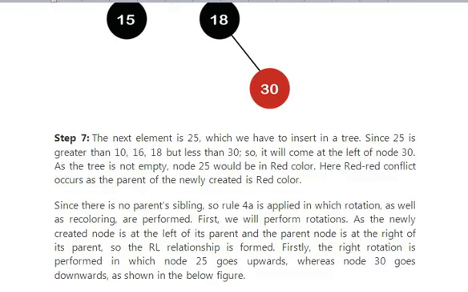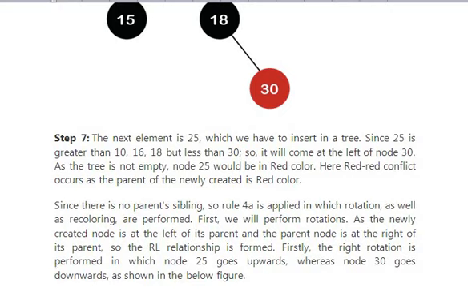The next is 25. We have to insert 25. 25 is greater than 10, 16, 18 but less than 30. So it will become the left of 30. So node 25 would be in red color, and here we have red conflict, as the parent of the newly created node is red color.